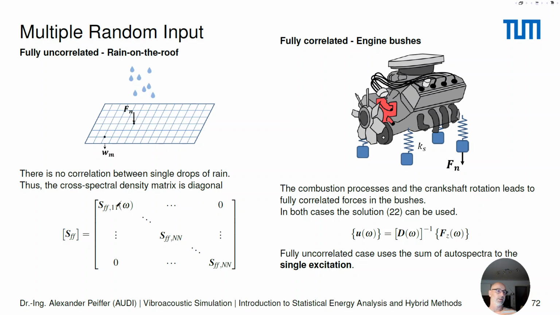However, if we have a fully uncorrelated solution, we can also use this formula, and then we just square the responses and get the autospectra of the responses. So for both extreme cases of random input, fully uncorrelated and fully correlated, we can still use the single excitation case. For all other cases in between, where we have partial correlation or cross-spectra relationships, no way. We have to use the full matrix.